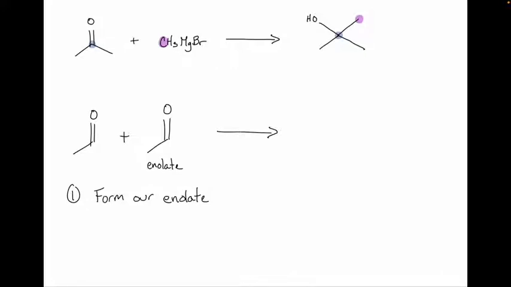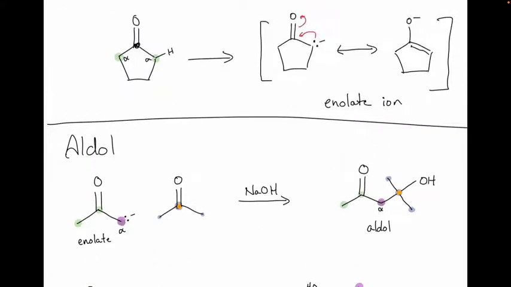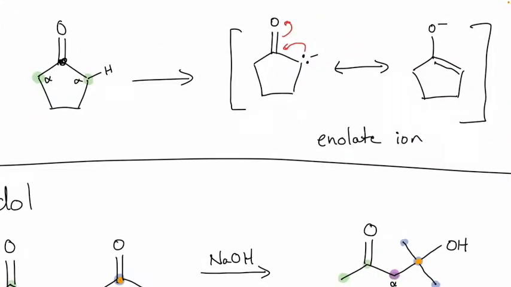Okay. Just going back to our previous example, if we were being really good about drawing our enolate, we would always draw these two resonance structures. For these particular reactions, and you do need to be able to do that, okay? So given a ketone or aldehyde, you need to be able to draw me the two resonance structures of those enolate ions. When we're talking about our aldol reactions, though, it's going to be easier to see what's going on if you're looking at this version here, the one with the carbanion, the one with the negative charge on the carbon.